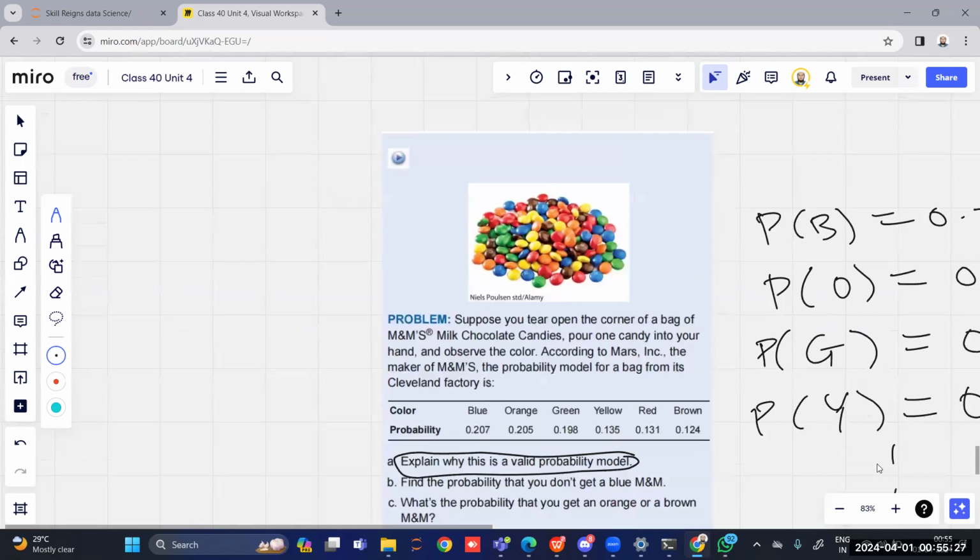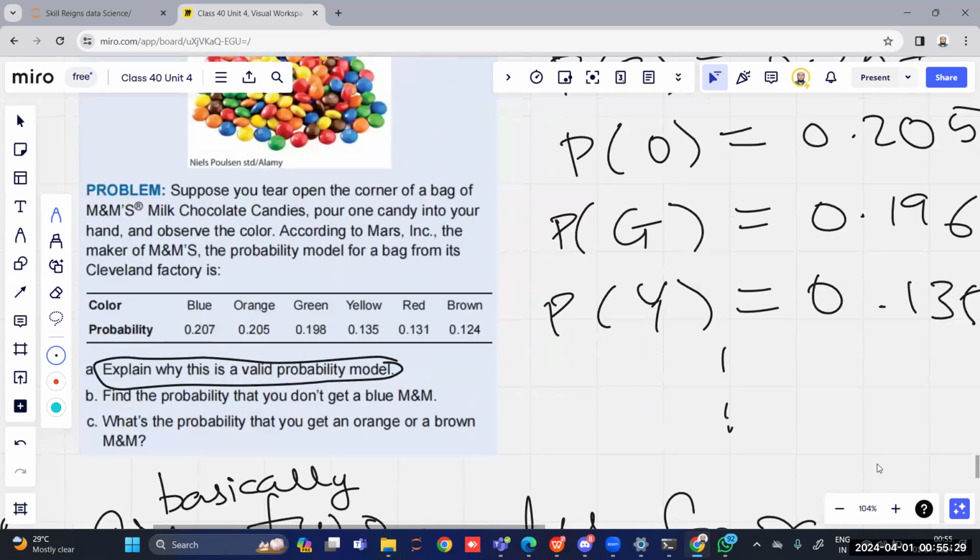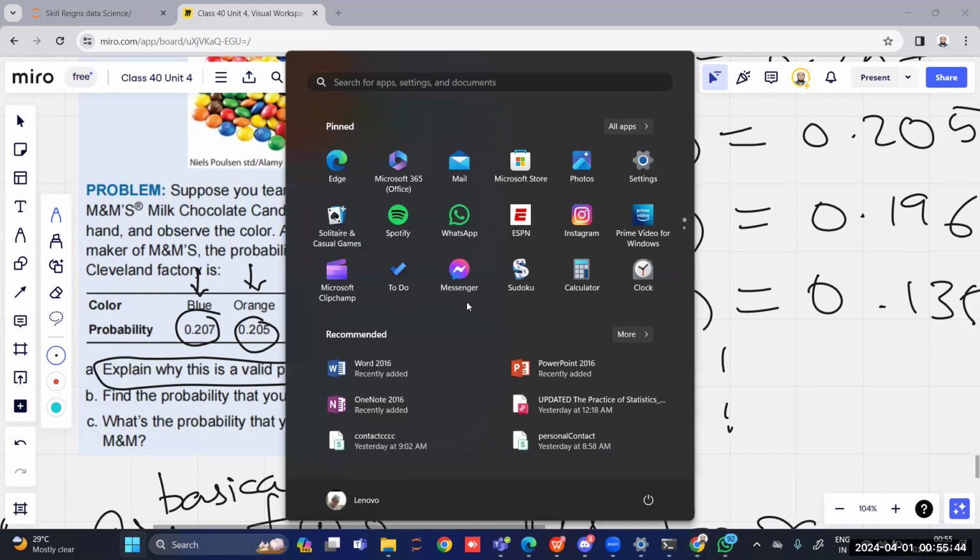So first of all, we'll go on to our question. See here, these are all our outcomes in the sample space. There are these color candies. So you can see the probabilities are all between 0 and 1, yes or no? So the first rule is verified.